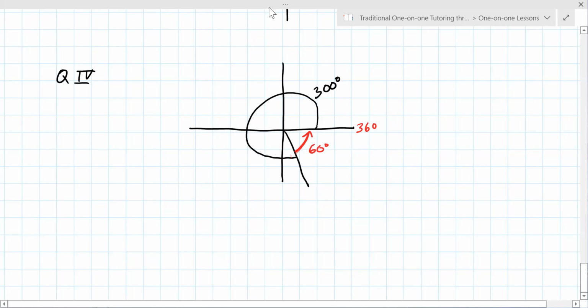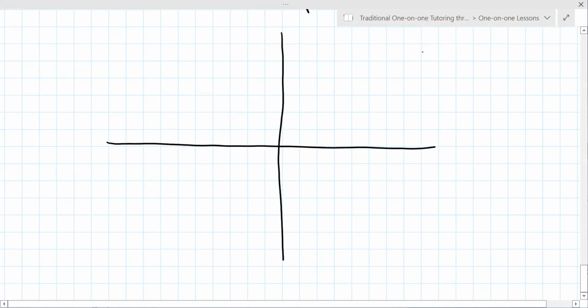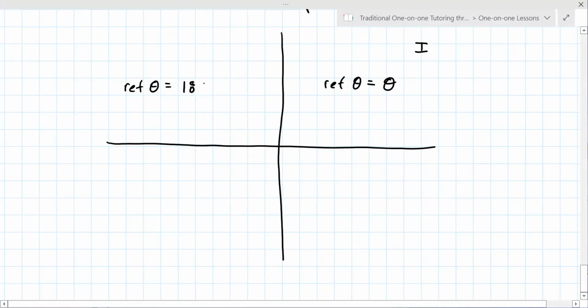Okay, maybe the formulas will help. Let's try it here, because there are other issues, like if you go backwards as well. If you're in quadrant 1, the reference angle equals the angle. In quadrant 2, the reference angle is 180 minus the angle.